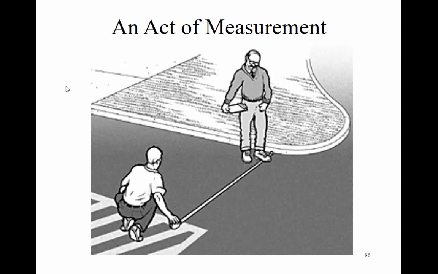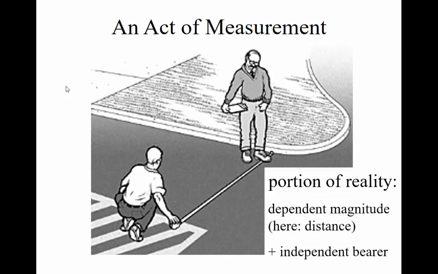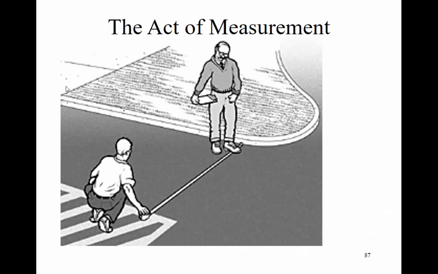All right, so we have an act of measurement. This is extensive magnitudes always. We have a portion of reality. We have a dependent magnitude, which is a distance. And we have an independent bearer of this dependent magnitude, which is the road. So the distance is a quality of that particular piece of road. And then we have a measuring rod.